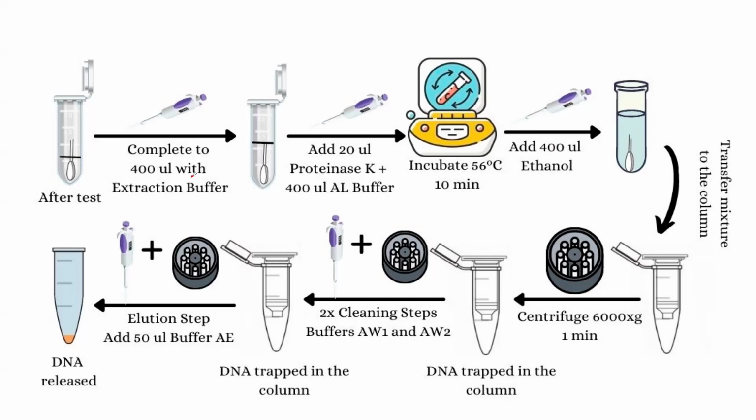This is a typical example of DNA isolation using DNA extraction kits. You have your sample here, let's say a sperm cell. Then you add about 400 microliter of extraction buffer. After that, the next thing is to add 20 microliter of proteinase K, the importance of which is to break down the cell membrane and the proteins that are not needed.